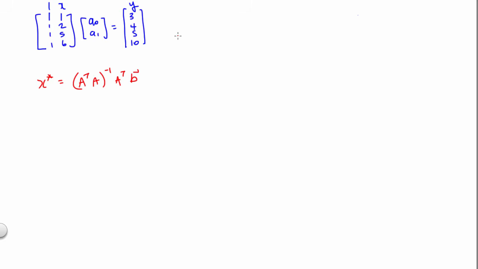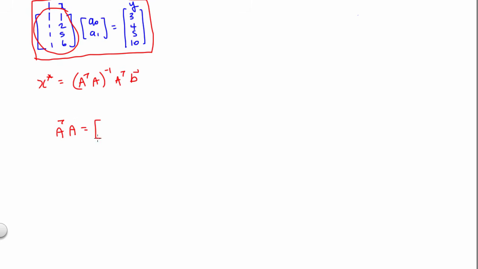From the previous screen, I've just recopied the system that we set up at the beginning of the problem, and I've recopied our formula for the least squares solution x star. So let's work towards finding x star. First thing I would probably do is work out what A transpose A looks like. A just refers to this coefficient matrix up here in our system.